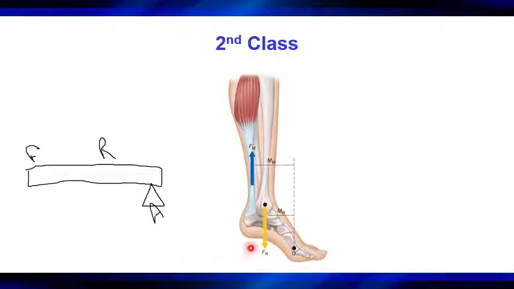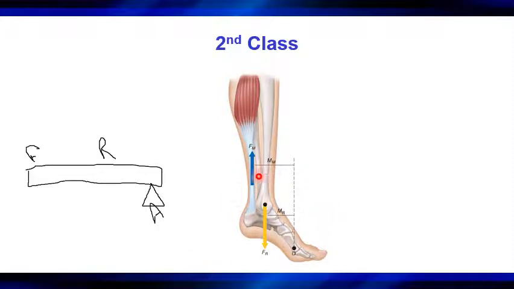Now you superimpose that here. We have our axis, and we have our resistance, which is represented by our body weight, because that's what we're supporting here. And then you have your force here. So this and this are essentially the same thing: you have your axis, your resistance, and your force.